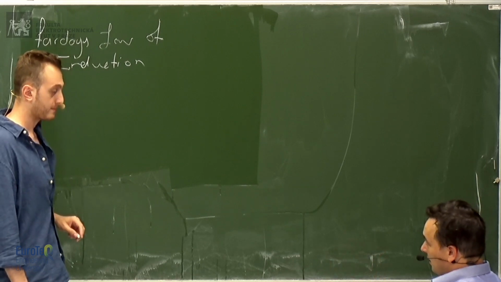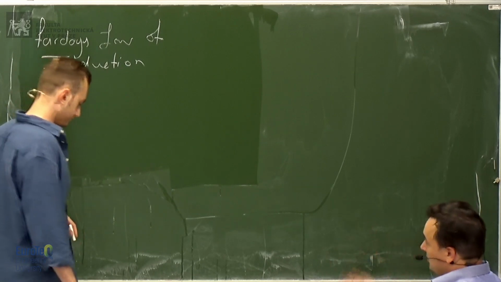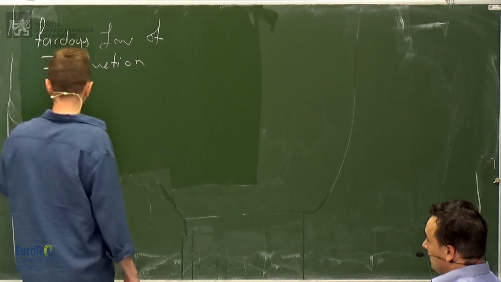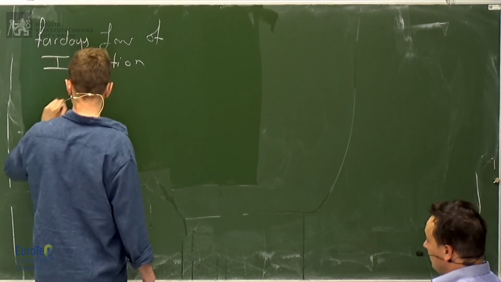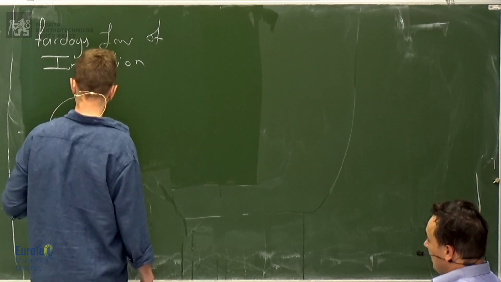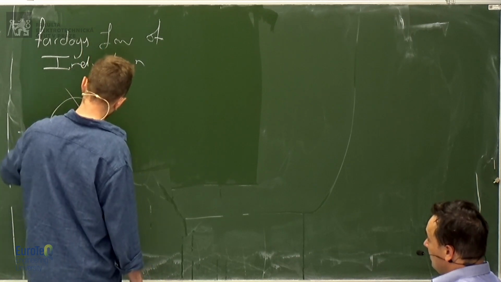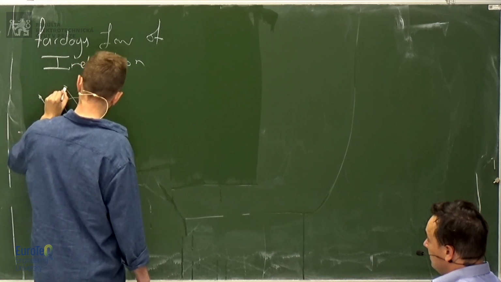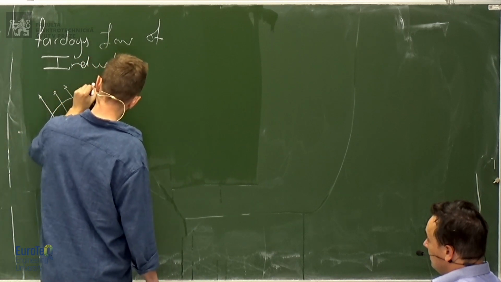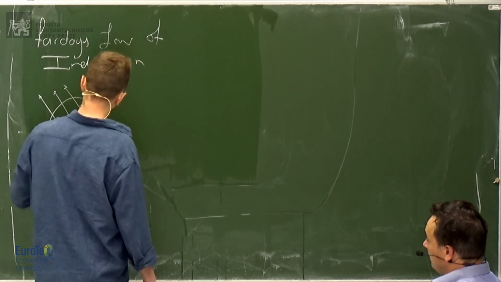Think about the situation again. Take a loop. Draw it. And then, what is crossing? You have a magnetic field crossing.